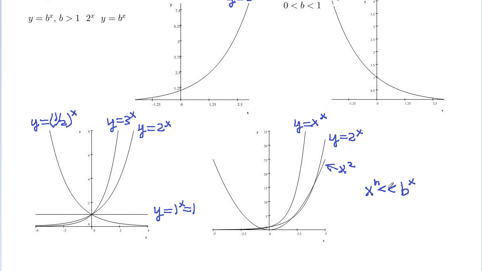So eventually any exponential will be much bigger than any power, and any exponential eventually will be much smaller than this super exponential x to the x. And then logs grow the slowest. So if you've got log base b of x, that is going to grow much slower than powers do.